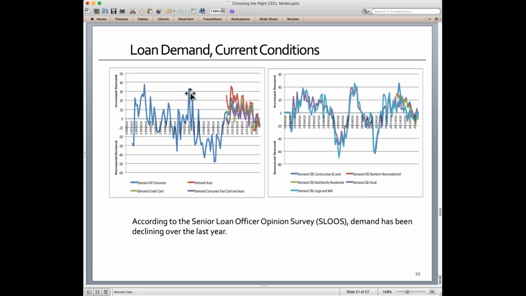What you'll see is that as you go through economic cycles, you get changes in consumer demand. It's important to note that consumer demand for different kinds of consumer loans, and commercial demand for loans, has been strong in 2012, 2013, 2014.